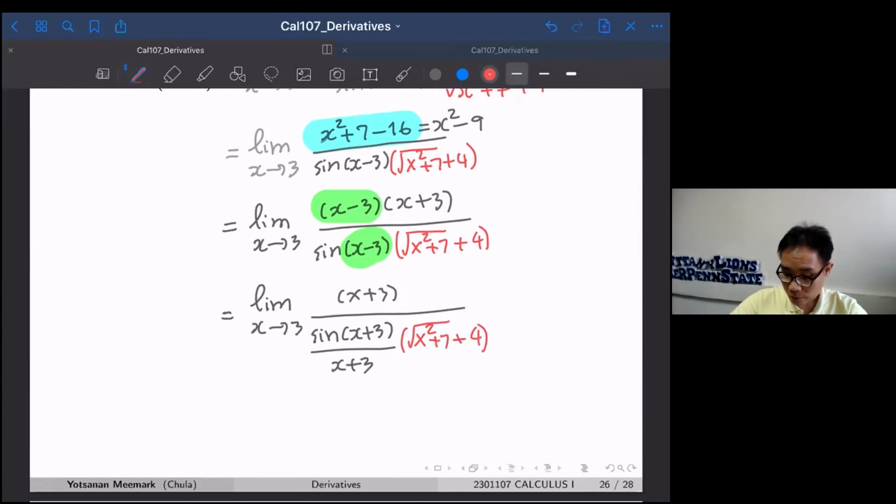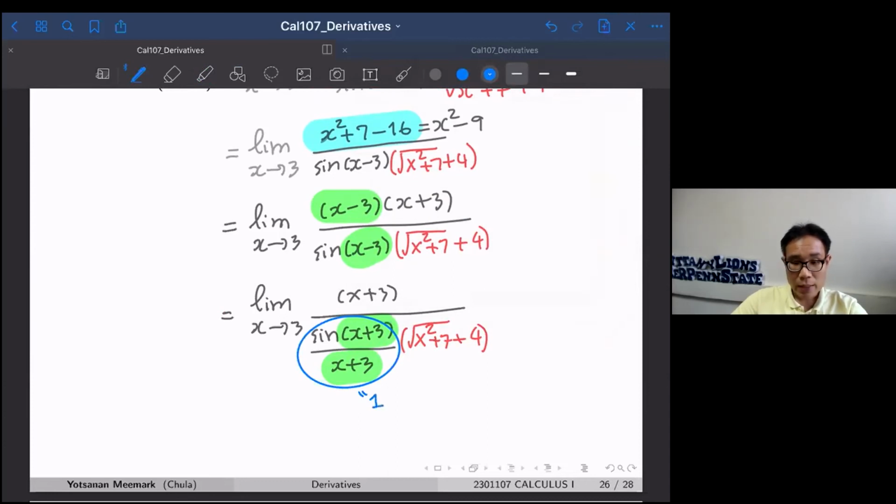This gives you the green one over the green one, and this limit turned out to be equal to 1.